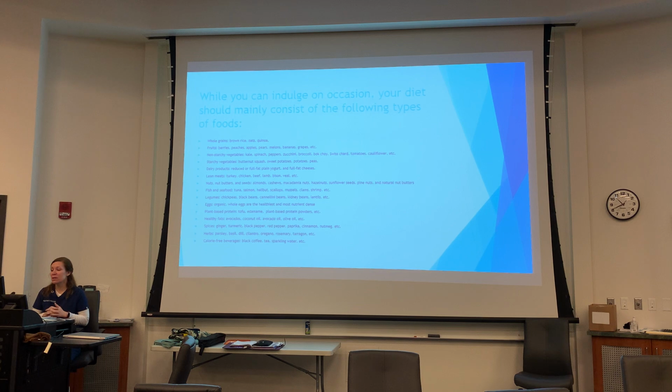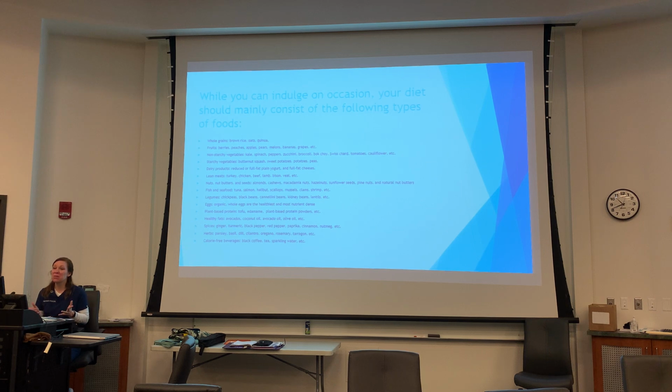Fruits are always good: berries, peaches, apples, pears, melons, bananas, grapes, etc. Vegetables can be starchy or non-starchy. Potatoes are probably the most commonly consumed vegetable, in the form of French fries. That's the least healthy vegetable you can eat and the least healthy way you can eat it.